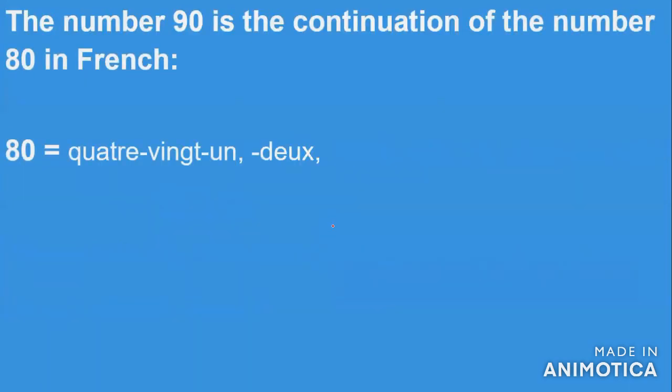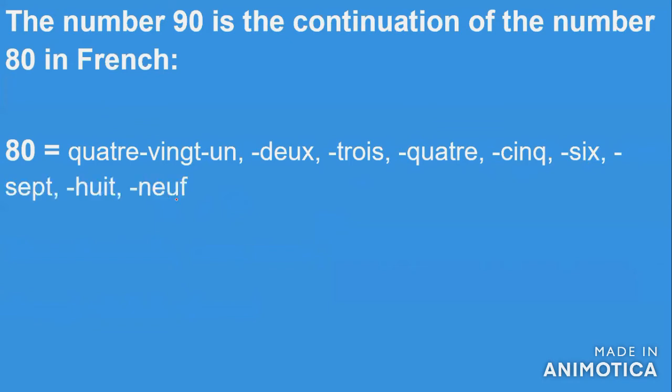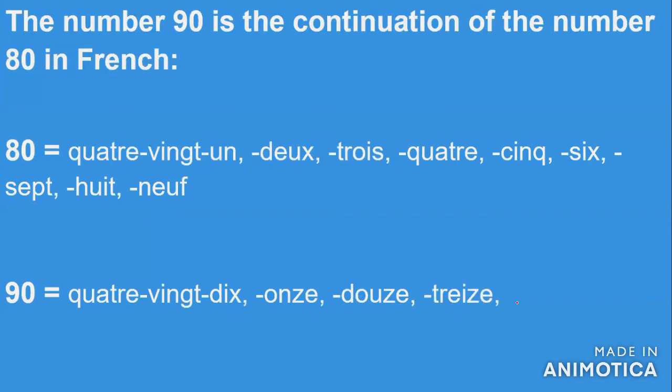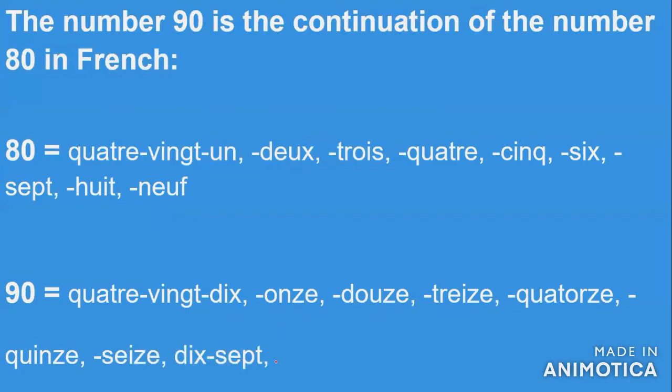81, 82, 83, 84, 85, 86, 87, 88, 89. Okay, 89. After 9, you will have the number 10. And what is 10 in French? 10 will be dix. And that's why you say 90, 91, 92, 93, 94, 95, 96, 97, 98, 99.